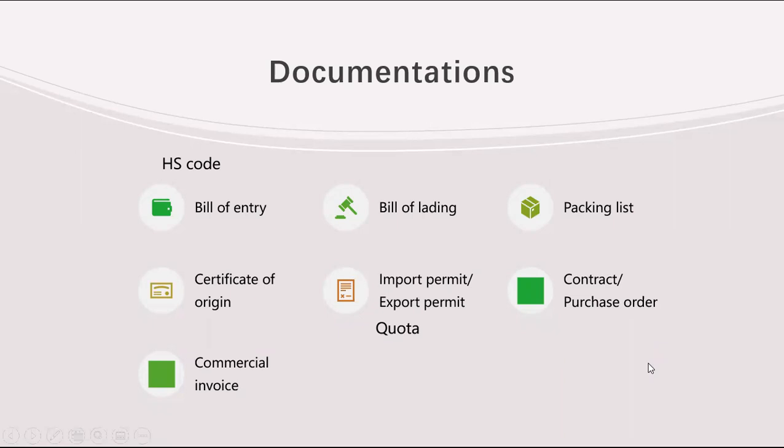In the exam, they tend to focus on bill of entry, bill of lading, and certificate of origin. Otherwise, I introduce the other documents here so that you can learn and apply them to your day-to-day work.